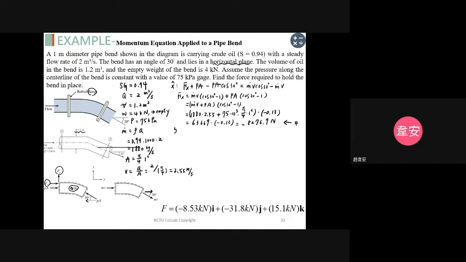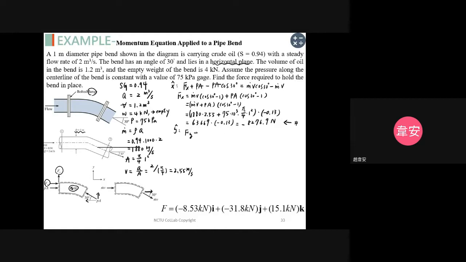So how about the Y direction? If we go back to see the force diagram, we only have force along the Y direction. First is the Fy, and another force is contributed from the pressure force, and the pressure force is upward.